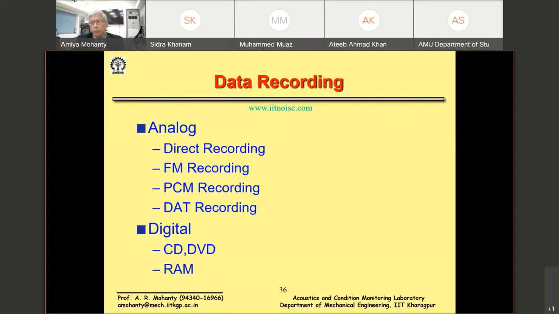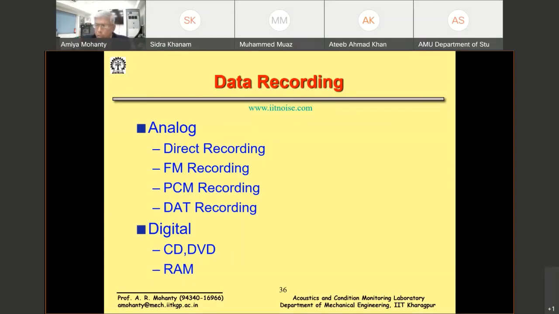Of course, they were on the disk operating system of the PCs, and you have to plug in the analog device card to the motherboard of the PCs. There used to be the ISA bus or the PCMCIA bus in those days. And that is one recording which needed to be done.